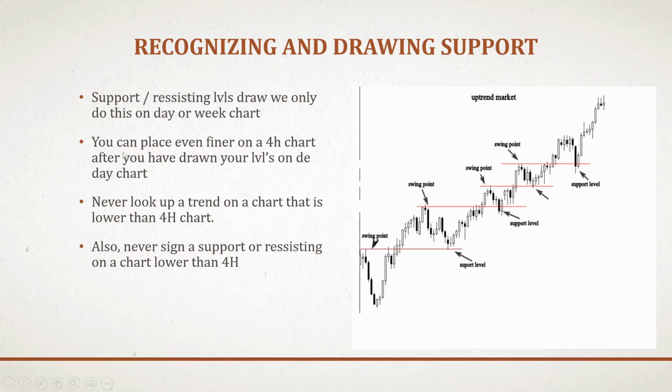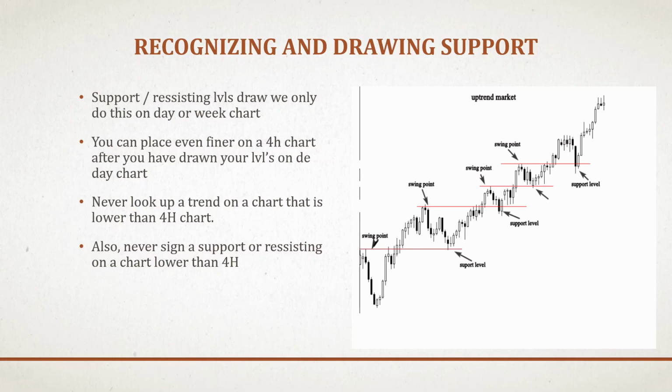Afterwards you can place them even finer on a 4-hour chart after you have drawn your levels on the day chart. So after a week chart we go to the day chart, after a day chart you can go to a 4-hour chart. Never go under a 4-hour chart to draw support or resistance levels, because it's not accurate.